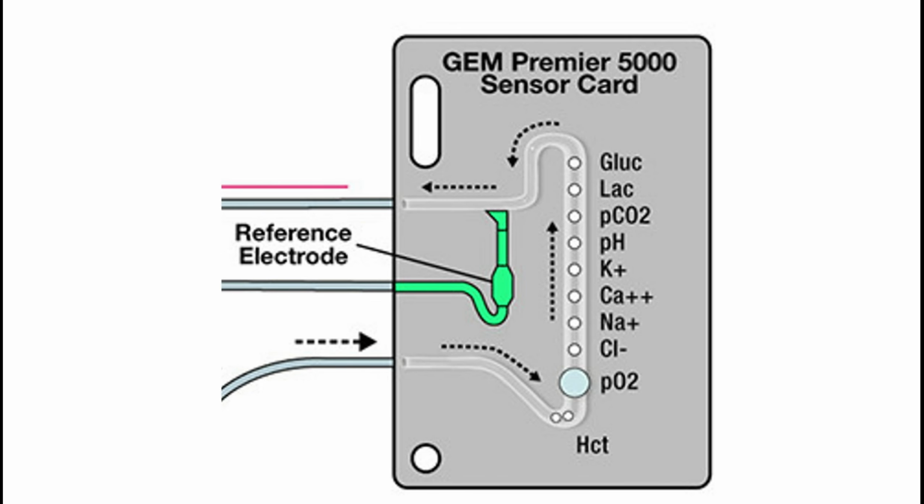Focusing in, this is the sensor card within the machine that contains a Clark electrode for oxygen and the pH and CO2 electrodes, plus the reference electrode, just like the earlier generations of blood gas machines. Modern machines also measure common electrolytes, lactate and glucose.